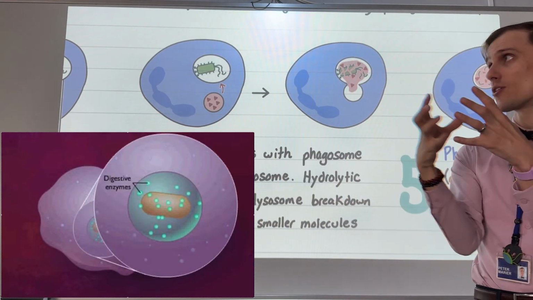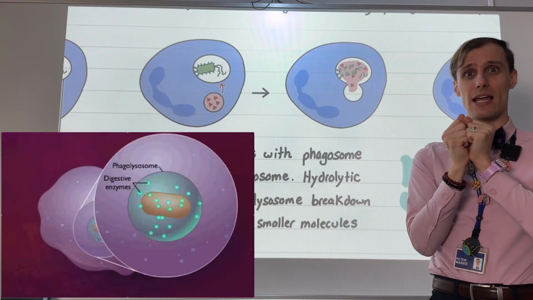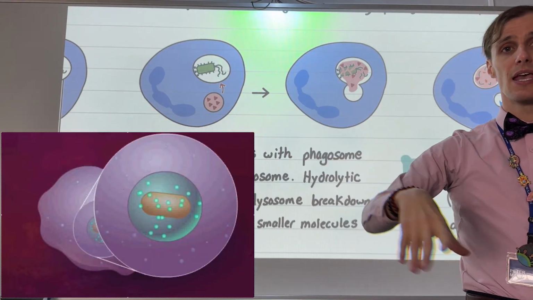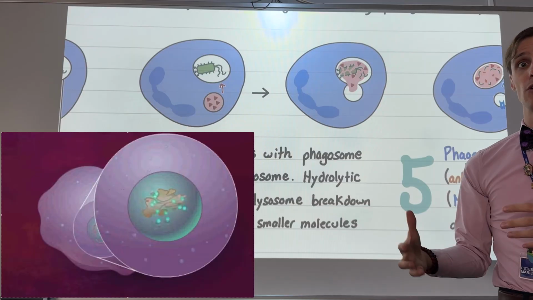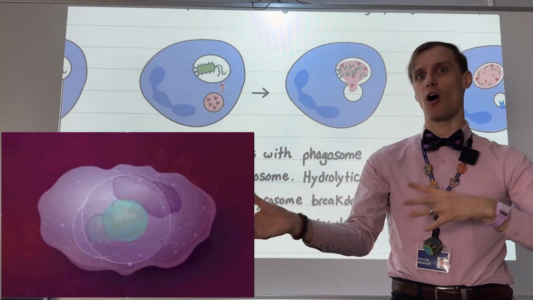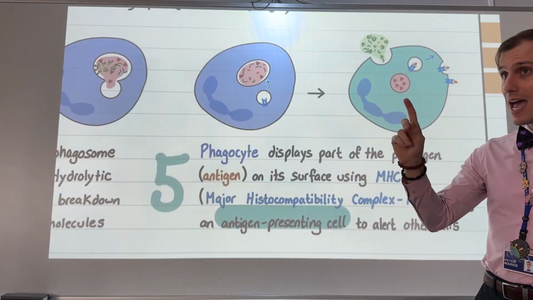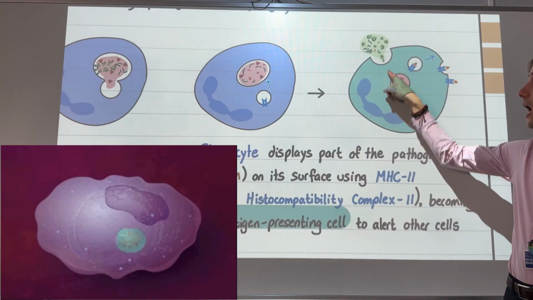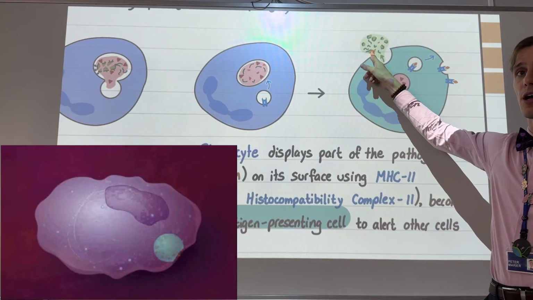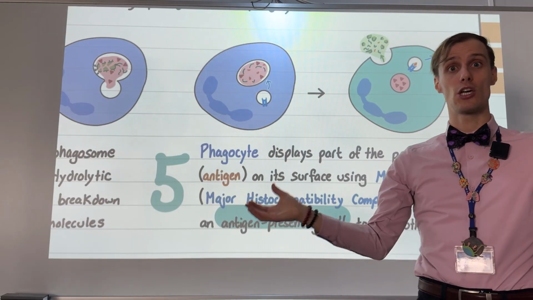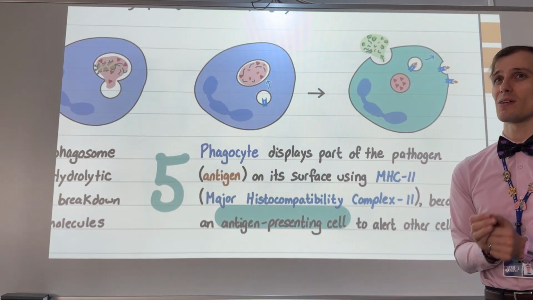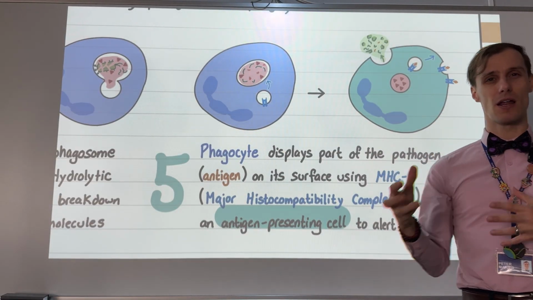They're now fused together, but now all of these hydrolytic enzymes are going to be released, and they're going to start to break down that pathogen at a molecular level. They're going to start breaking apart all kinds of components. So yes, they will ultimately eliminate most of the cell contents via exocytosis and eliminate it just like you would eliminate garbage. But they actually do something much, much cooler that you may not have been aware of.